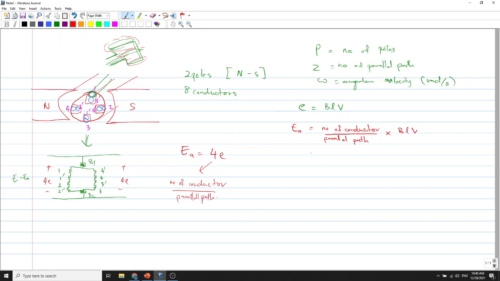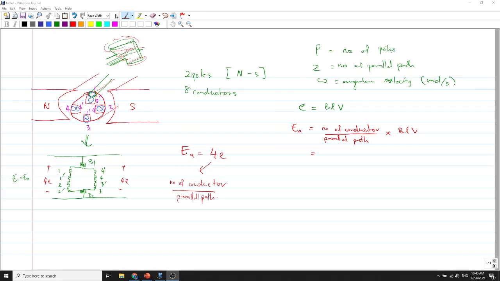Okay, so to summarize, the number of conductors... Wait, there is one more thing. I think I made a mistake over here.